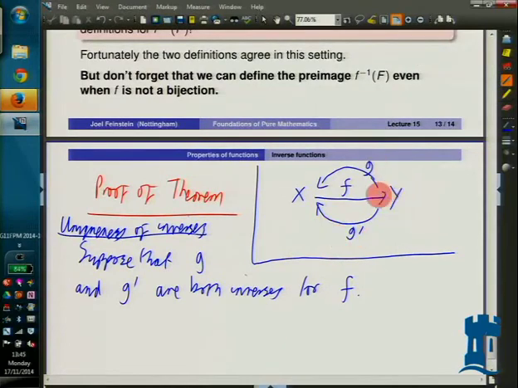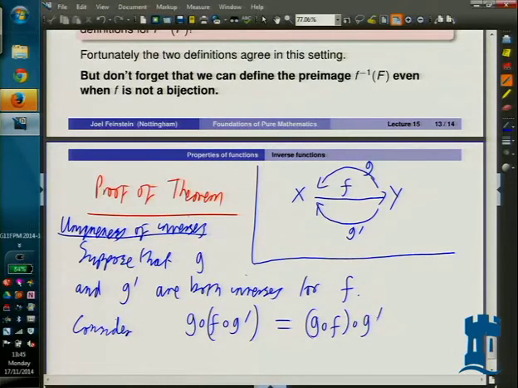What we're going to look at is g composed with f composed with g prime. Which we know is equal to g composed with f composed with g prime.